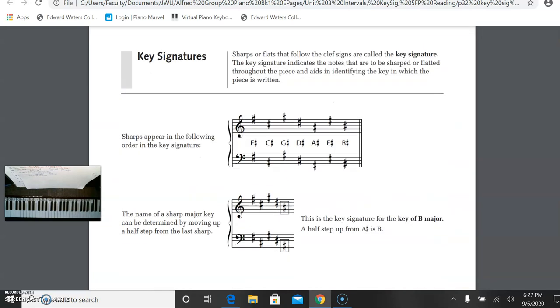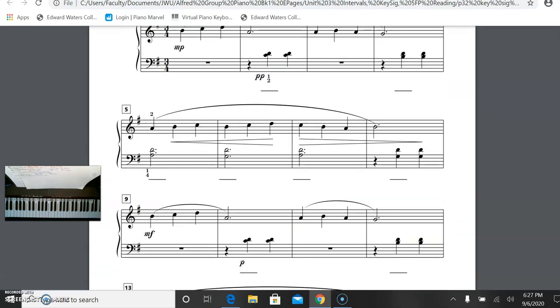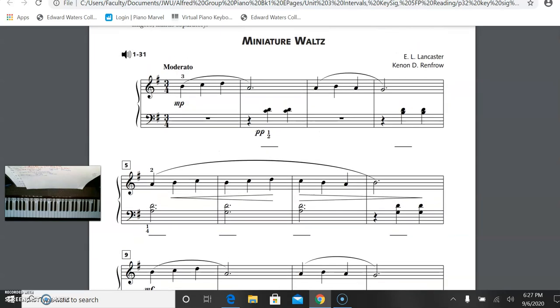Okay? And then, when we have repertoire, this is a tiny little piece.